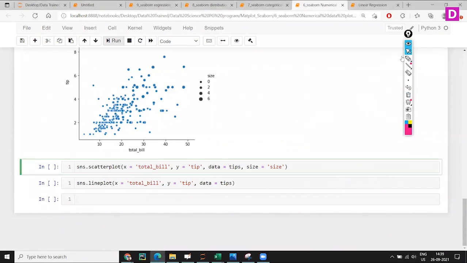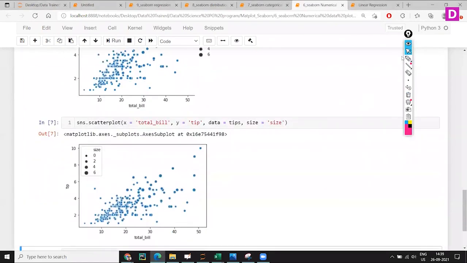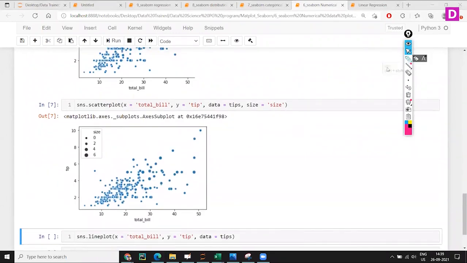All right. So let's execute this. It's almost the same only. It's not going to change. Here, your size is coming inside the box, inside this particular frame. Otherwise, it's just like a relational plot. Not much of a difference.